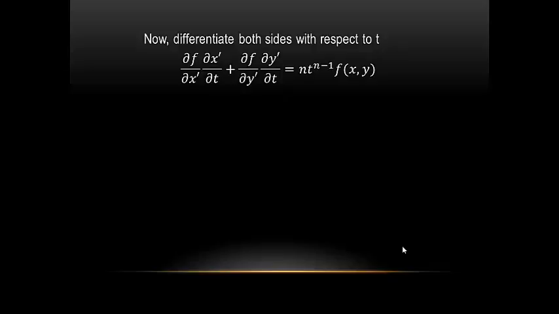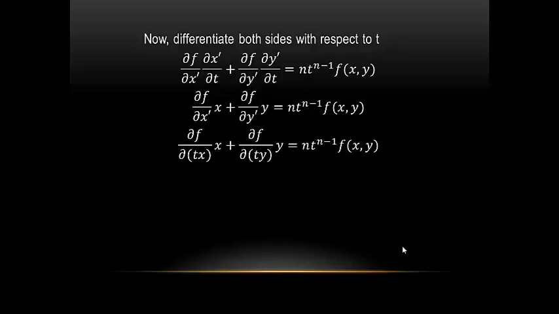Since x prime is equal to xt and y prime is equal to yt, the partial derivative of x prime over the partial derivative of t is just equal to x, and the partial derivative of y prime over the partial derivative of t is just equal to y. So this becomes the partial derivative of f over the partial derivative of x prime times x plus the partial derivative of f over the partial derivative of y prime times y is equal to n times t to the n minus 1 times f of x, y.